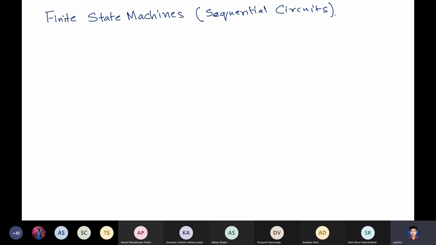But there is another equally important part to a computer, which is known as the control. What control does is decide the sequence, as in a flowchart or an algorithm or even a program, in which these operations should be performed. It controls the sequence. And the moment you try to control the sequence, you will need sequential circuits.